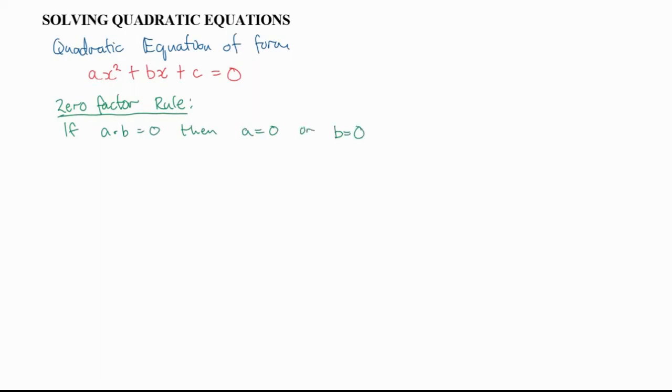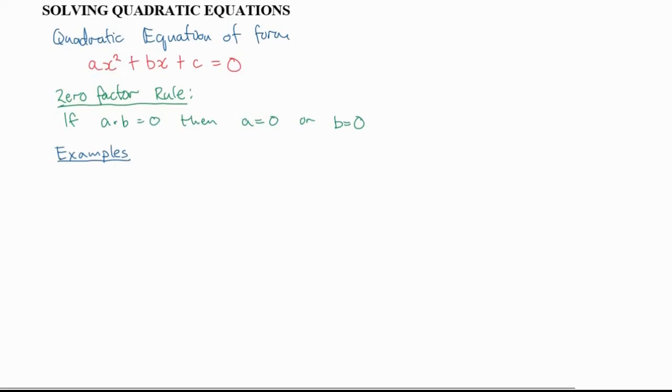So one of them is 0. Now with that said, let's get into a few examples. In this video, I'm going to be solving quadratic equations using the method of factorization.